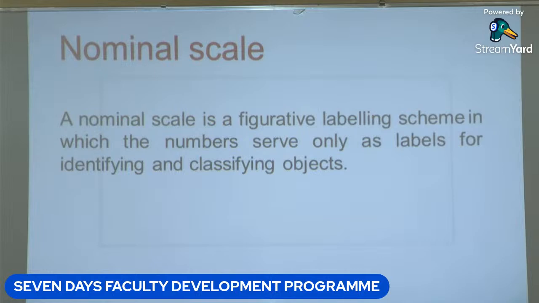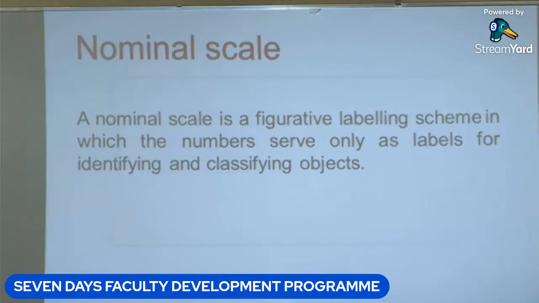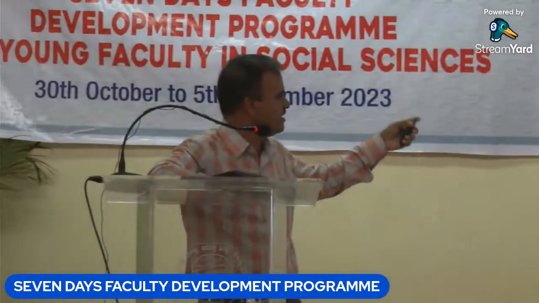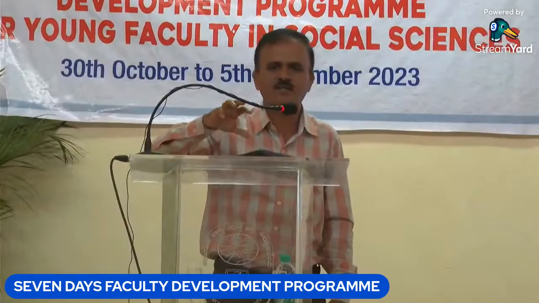Why are they nominal? Because they cannot be purely measurable. So we can identify the quality of the objects, and only identify and classify those objects.